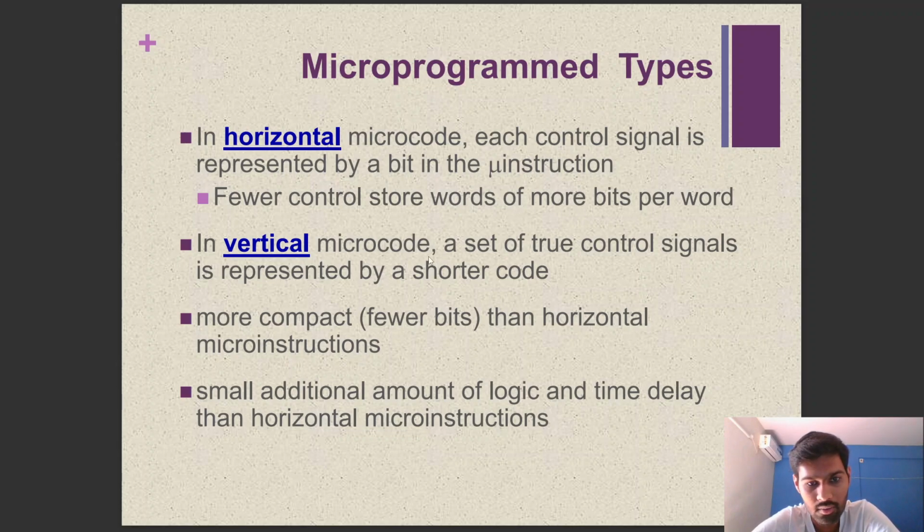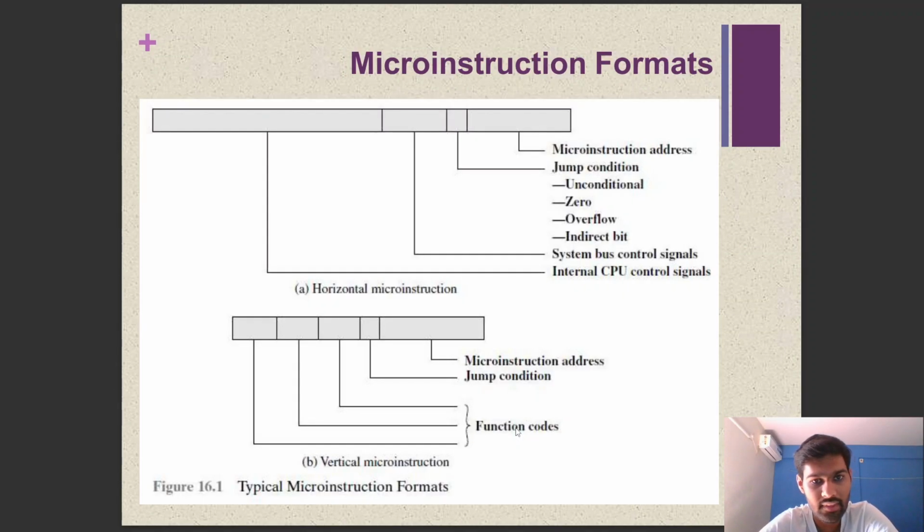In vertical microcode, a set of true control signals is represented by a shorter code, more compact than horizontal microinstruction, with a smaller additional amount of logic and time delay than horizontal microinstruction. This is how horizontal microinstruction is performed, and this is how vertical microinstruction is performed.